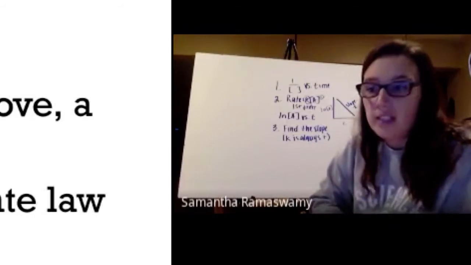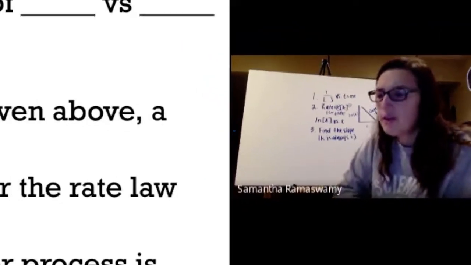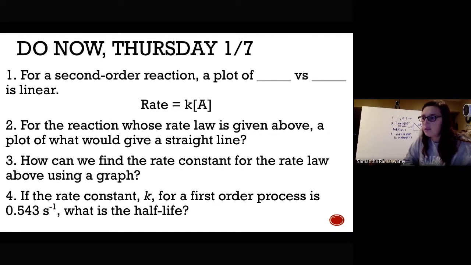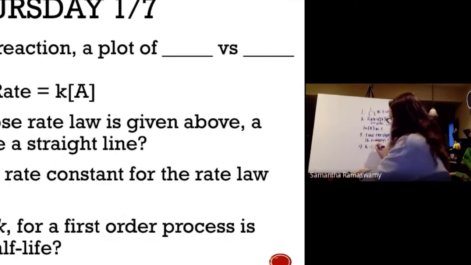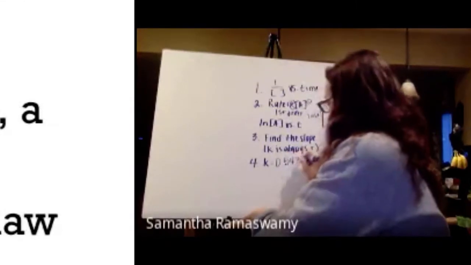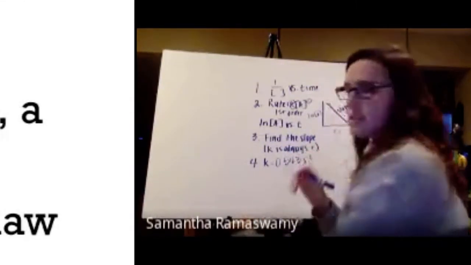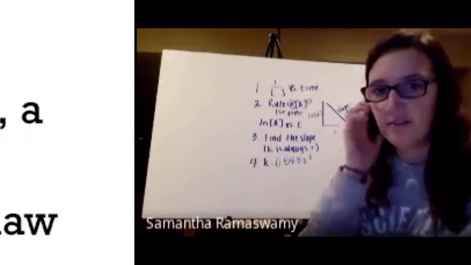And then finally, number 4: if the rate constant k for a first order process is 0.543 per second, what is the half-life?